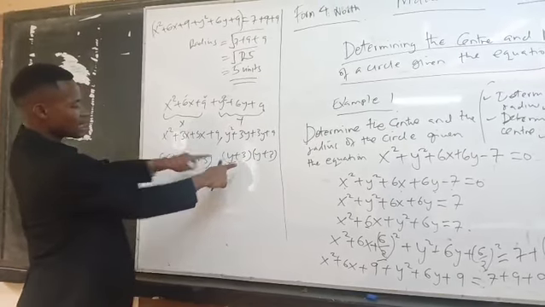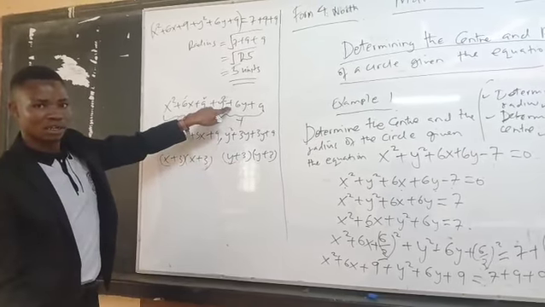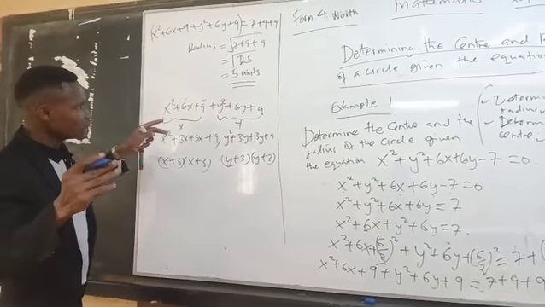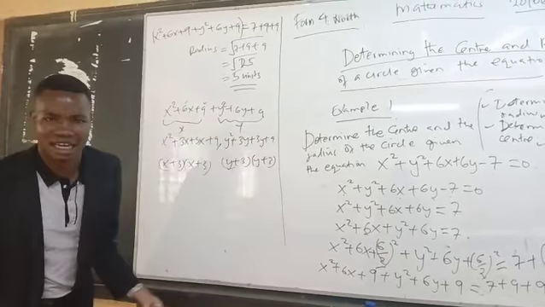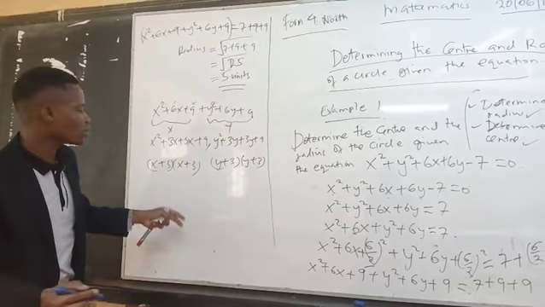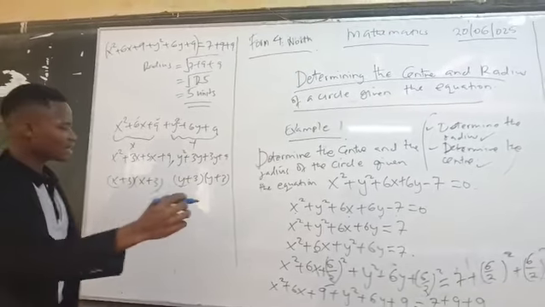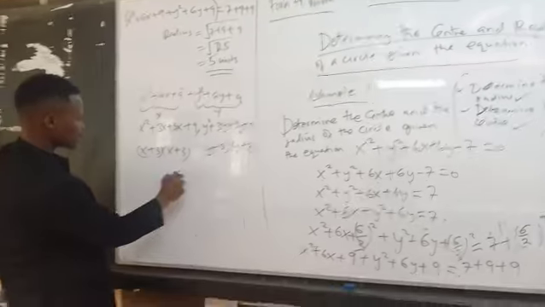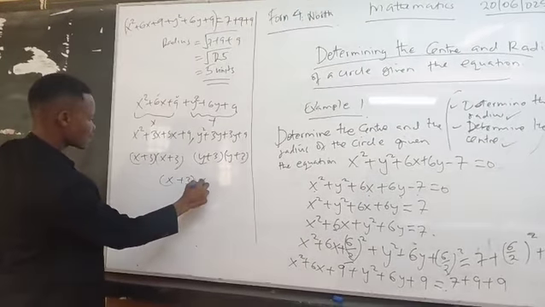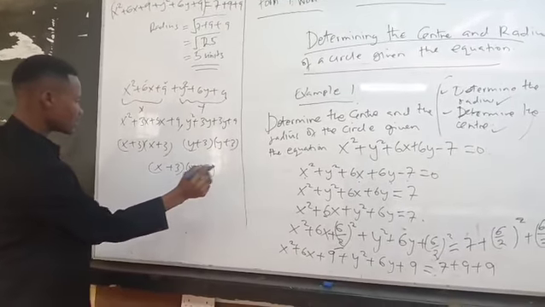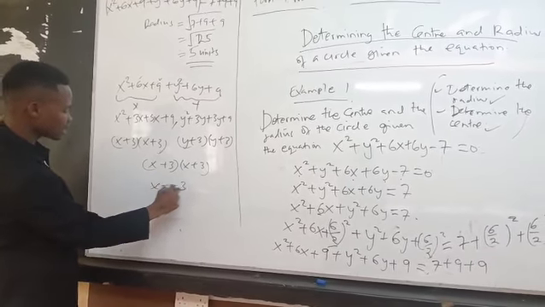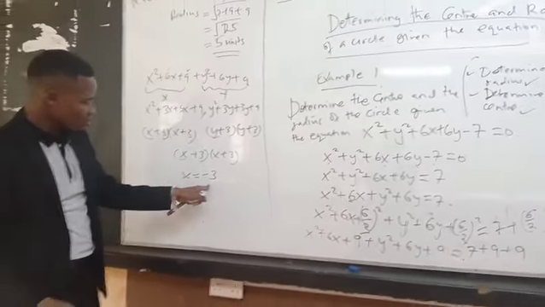If this is expanded, we get the expression we had. Also for this one, you can factorize and get y plus 3 times y plus 3. So, determine the center of the circle. If you are given x plus 3, x plus 3, at the end of the day, you realize that x is equal to negative 3.